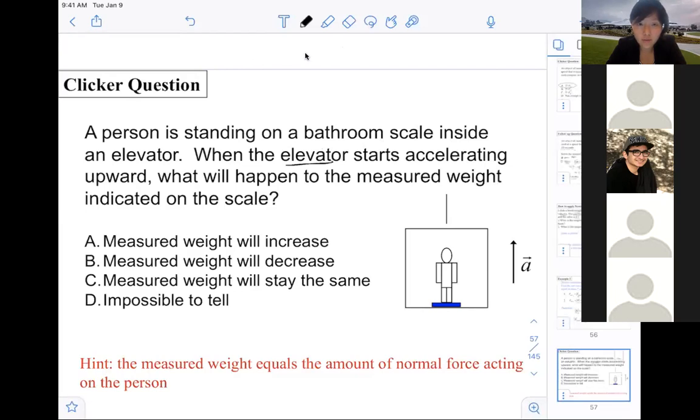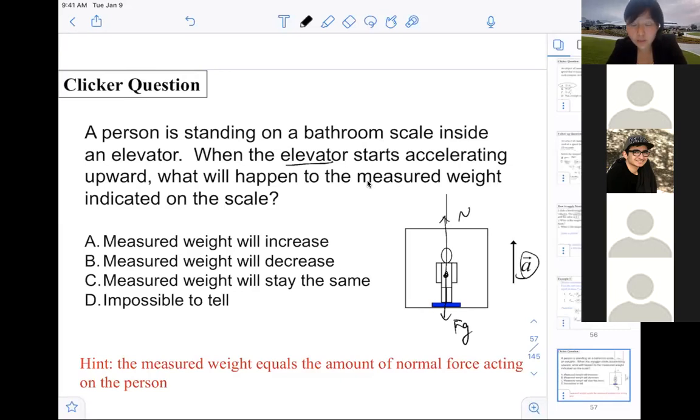Okay, yes, so we have one more person, Vachu, who said, I also think it will increase, not sure how to explain it. So let's think about all the forces. We said there's gravity, we have the normal force, and your acceleration is upward, right? So do you think compared with gravity, is your normal force going to be bigger or smaller than gravity? So if there are two forces acting on you, which one is bigger in order to have an upward acceleration?